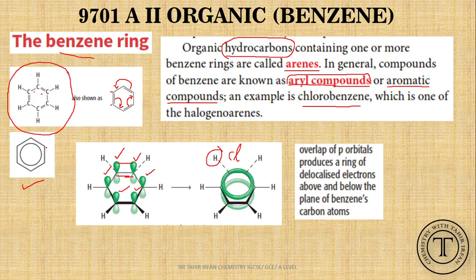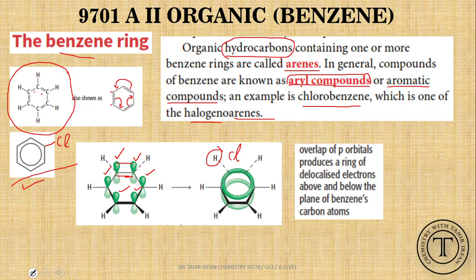And in this skeleton formula, we will put a covalent bond and write Cl here. So that particular compound will be chlorobenzene, which is one of the halogenoarenes. As we can see, halogen, the chlorine atom, and arene, the benzene ring. So it is a derivative of the benzene ring containing one chlorine atom.